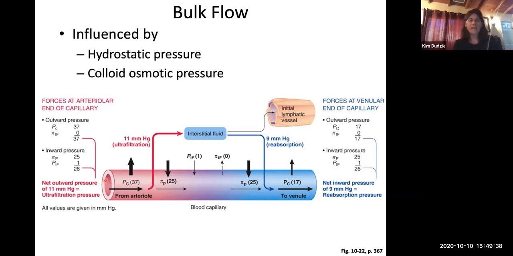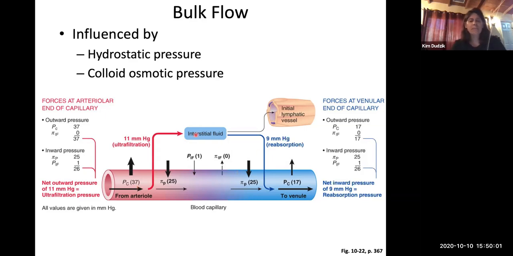Well, this is the same thing, except now we're in the capillary bed. A fluid pressure is called hydrostatic pressure. So we're going to refer to that as hydrostatic pressure in the capillary bed. So that's the blood moving through and it hits, remember friction, it hits the walls of the capillary and it wants to press and move out.